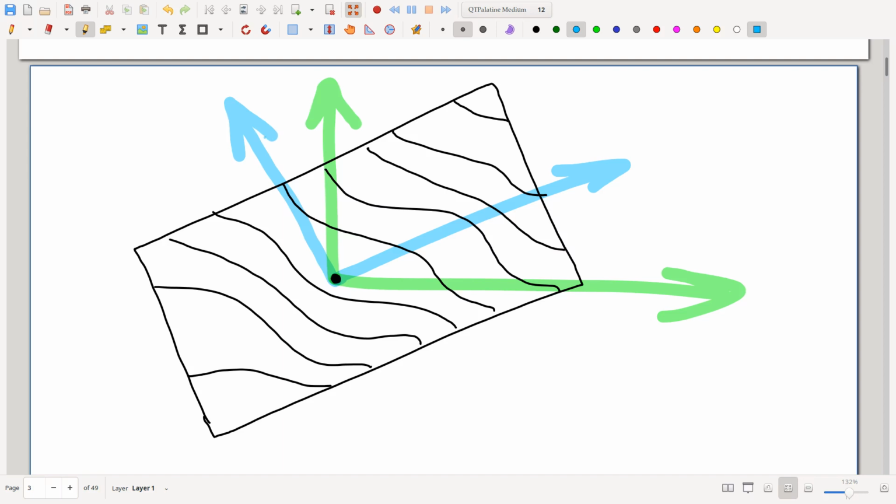Maybe the blue because of how the map is unfolded, but maybe the green because of how I've got it drawn on the page. Or maybe this is an arbitrary choice and there is no intrinsically natural way to do it. Choose whatever axes you like. It's all kind of arbitrary anyway.